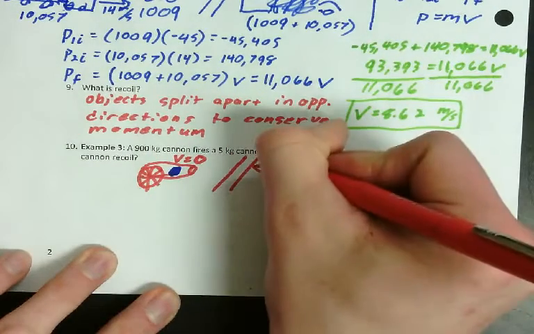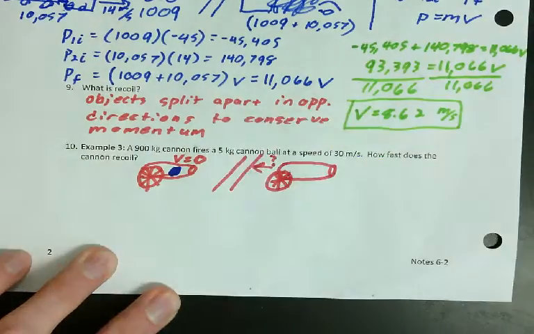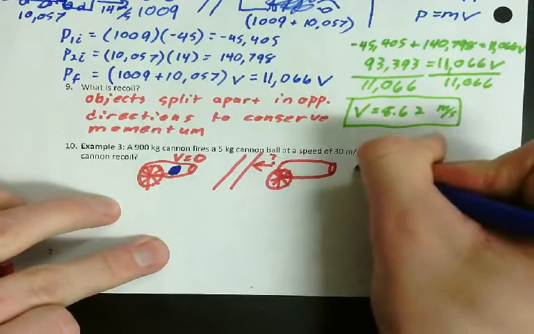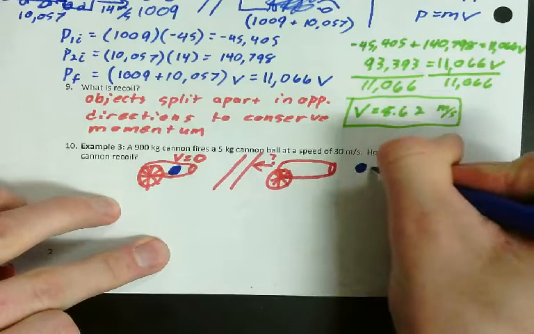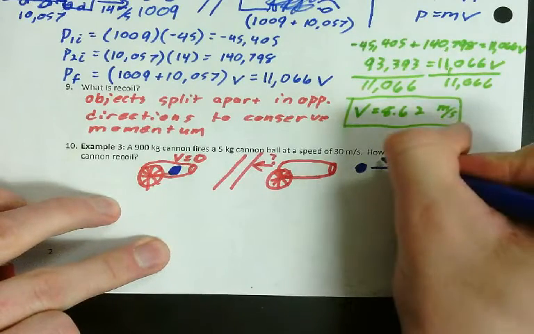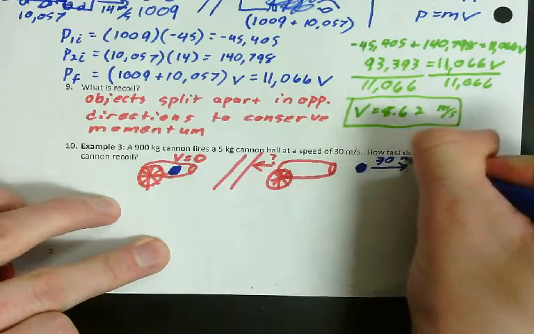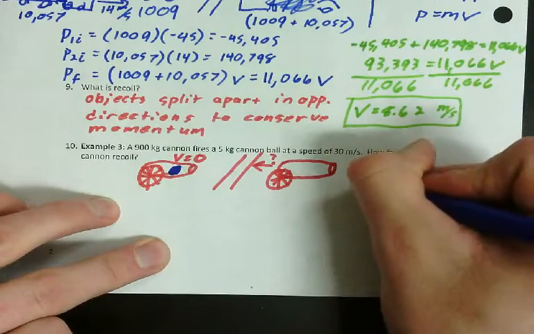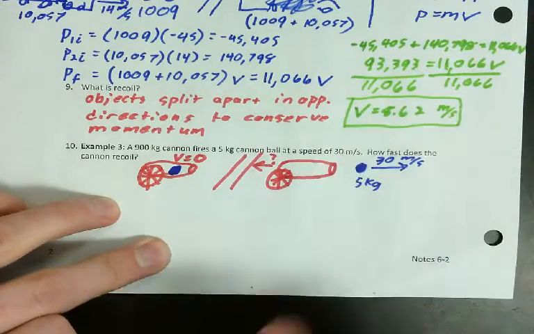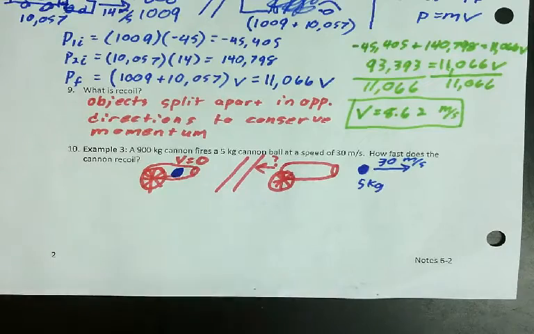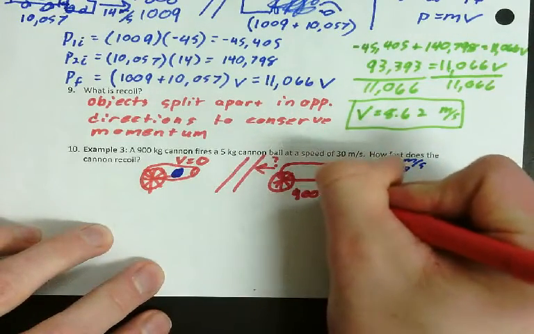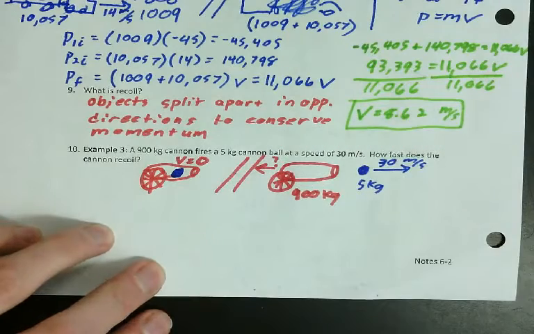The cannon's going backwards, we don't know how fast, and the cannonball is going forwards at 30 meters per second. Let's put the masses here: 5 for the cannonball, 900 for the cannon.